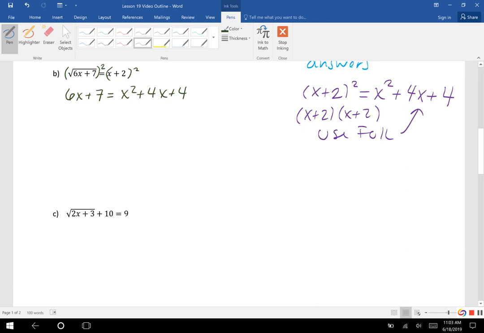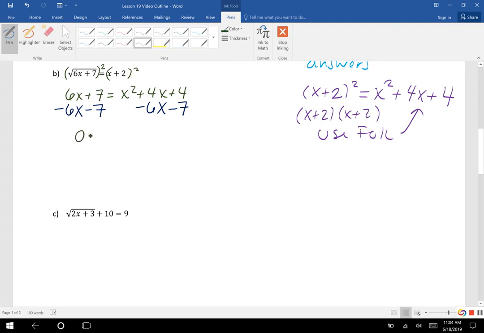Now this time we have a quadratic equation, something with an x squared. We've only talked about one method for solving quadratics, and that was factoring. So first thing I have to do is set one side to 0. And I'm going to do that by subtracting the 6x and the 7. I really want the x squared to be positive, so that's why I'm going to take everything on the left and move it over to the right.